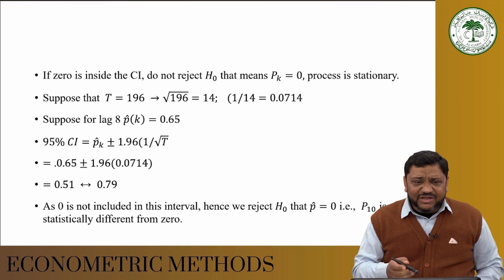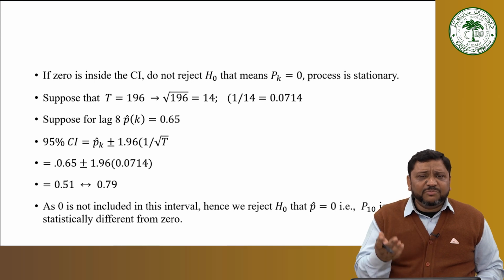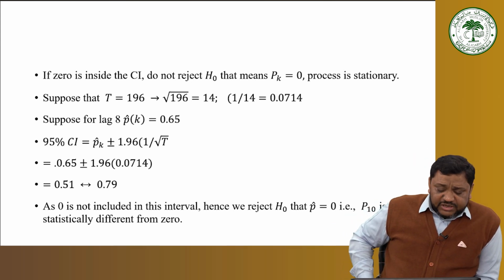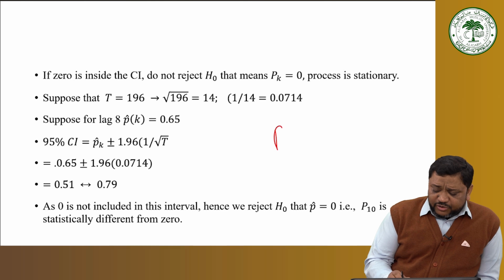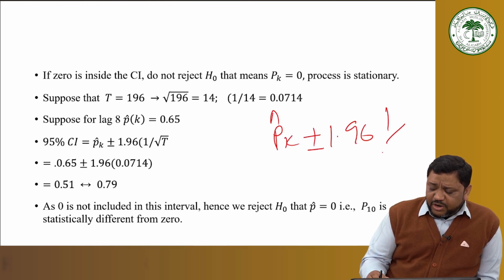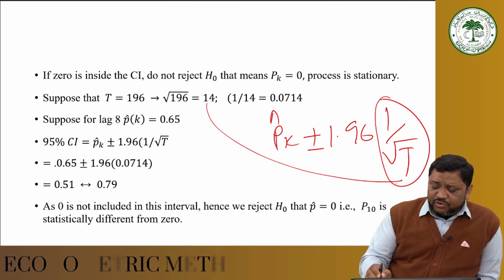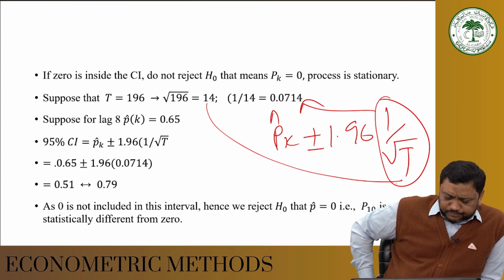We take a hypothetical example, T is equal to 196. Here T is the sample size. We do not use the terminology n; because we are taking time series data, we simply say T. So under root of 196 is equal to 14. What we plan to do is rho hat k plus minus 1.96 times 1 upon under root T. So 1 upon under root T is equal to 0.0714.